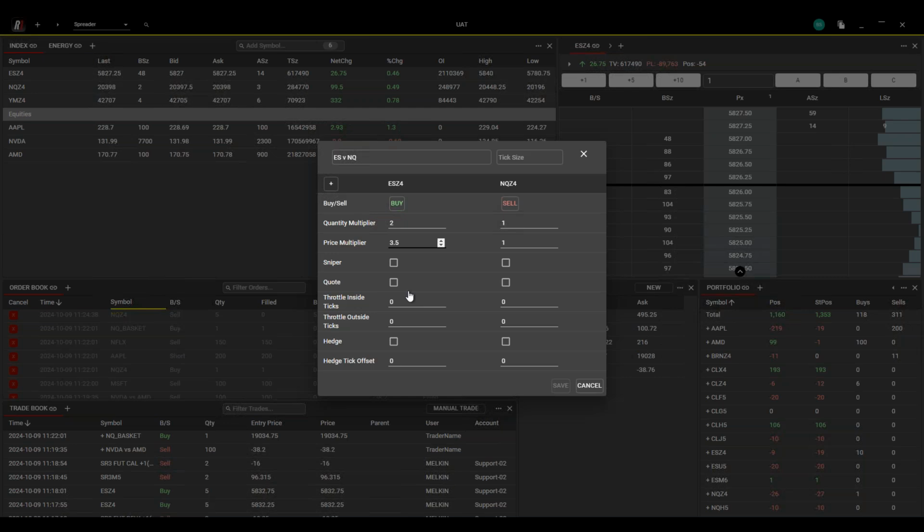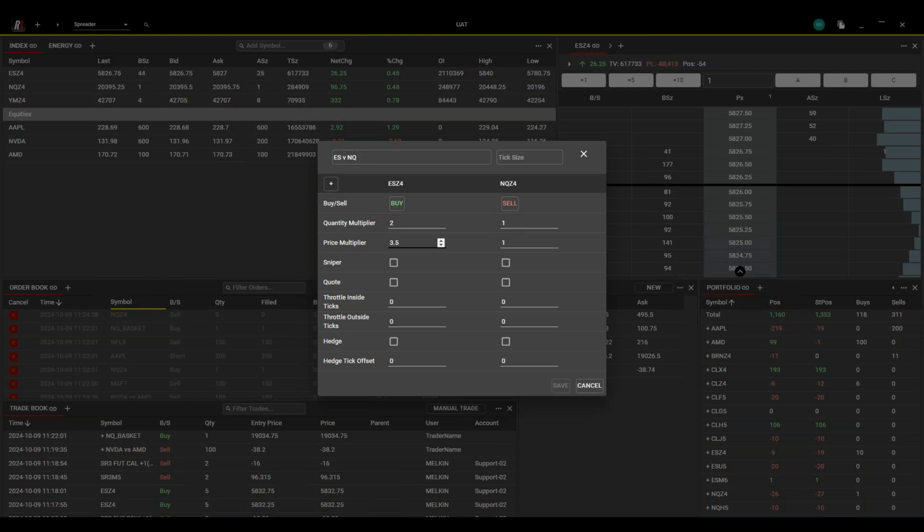When we create a synthetic spread, what we are doing is using one leg as the quote leg, also known as the lead leg, and the other as the hedge leg. What that means is that our quote leg will be looking at the prices in the hedge leg to determine where the order is entered. Once the quote leg is filled, we will fire off the hedge leg to achieve the desired price.